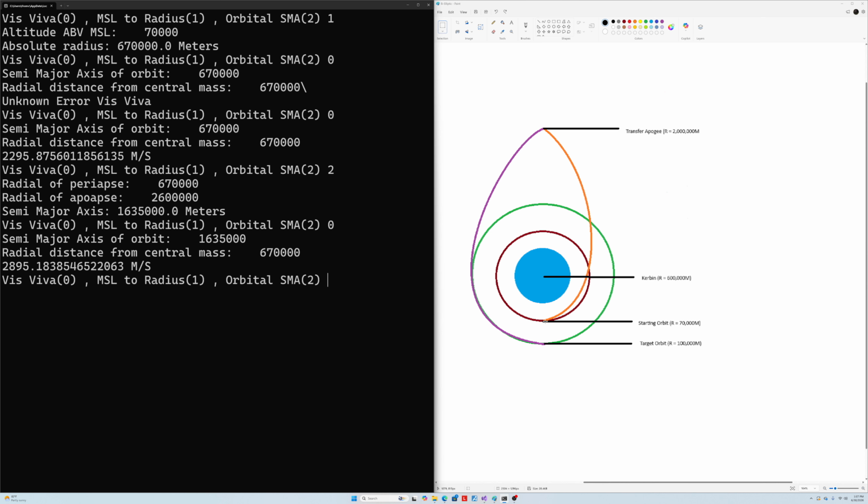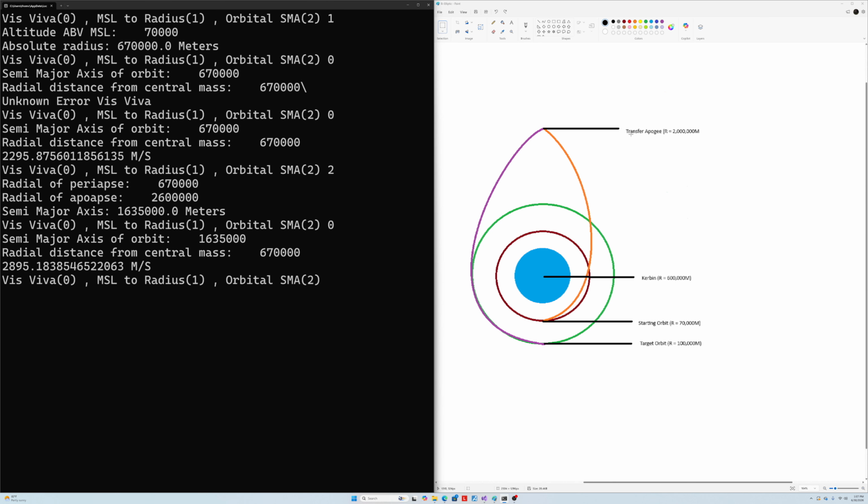Meaning to say, we perform 2,895 minus 2,295, which evaluates to approximately 600, meaning you would require 600 meters per second of delta V in order to extend your apoapsis up to a 2 million meter radius above mean sea level.